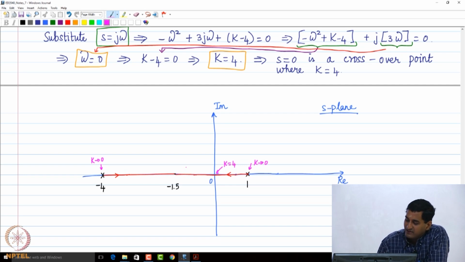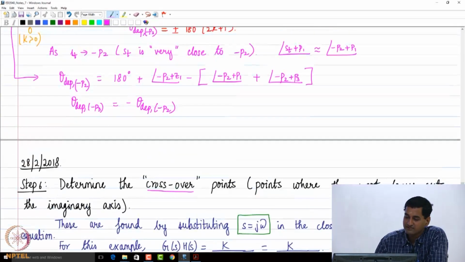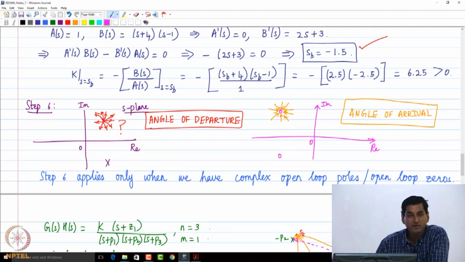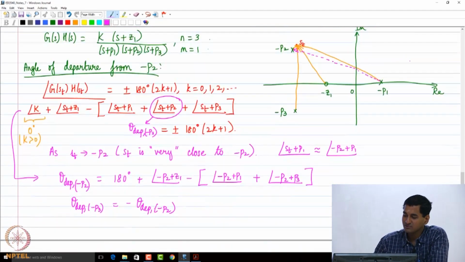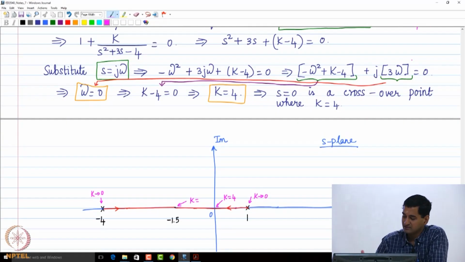And what is the value of k at -1.5? If you go back to step 4, at the breakaway point, what was the value of k that we calculated? It was 6.25, so we need to mark that.